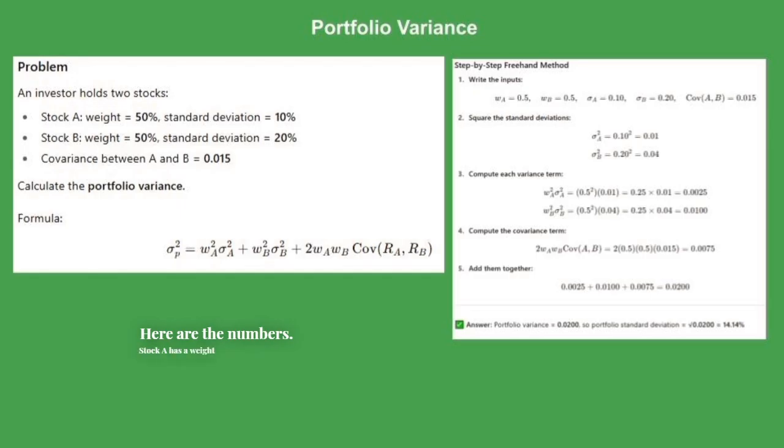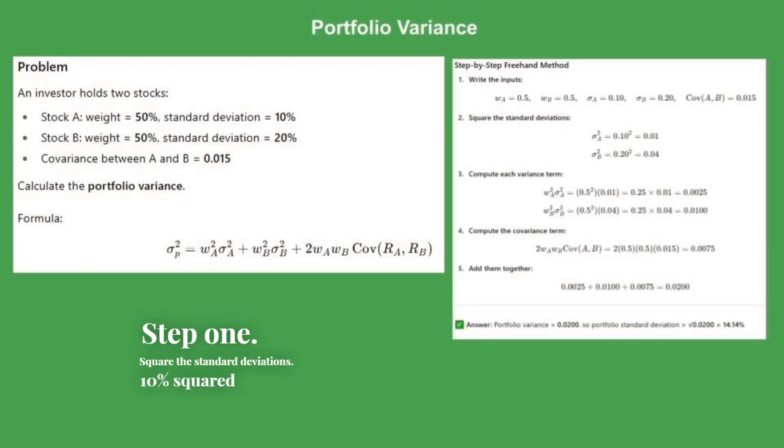Stock A has a weight of 0.5 and a standard deviation of 10%. Stock B has a weight of 0.5 and a standard deviation of 20%. The covariance between A and B is 0.015.